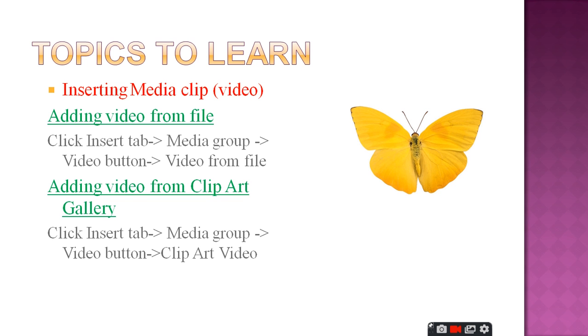A better way to express such information is in the form of audio, video or GIF file. So when text becomes insufficient, we need to add some video or audio clip, or sometimes a GIF also.